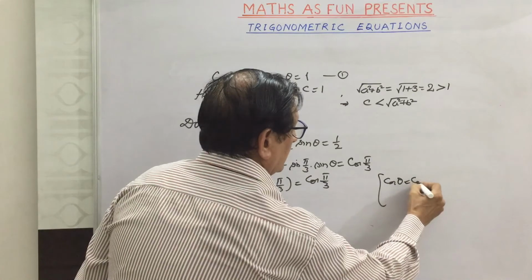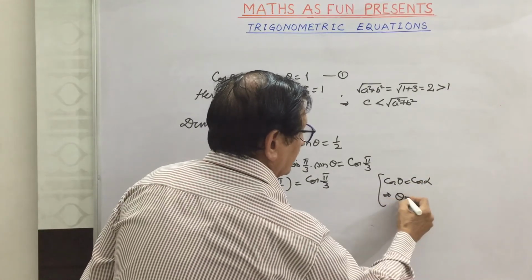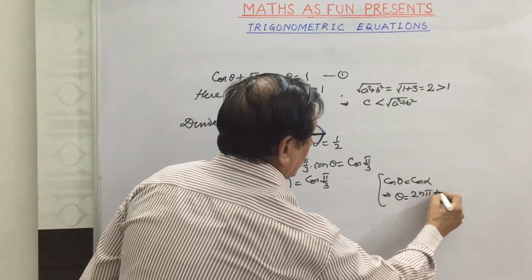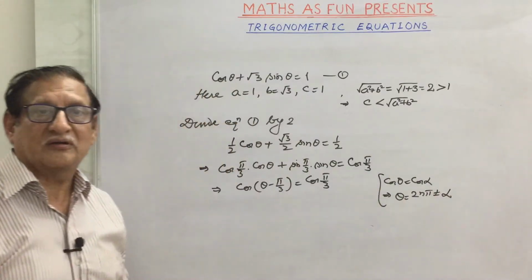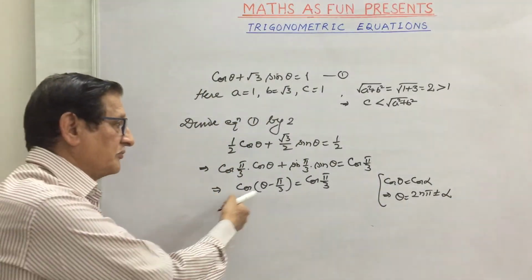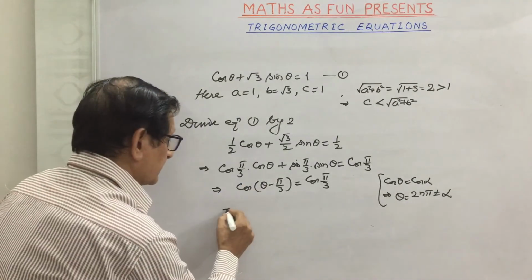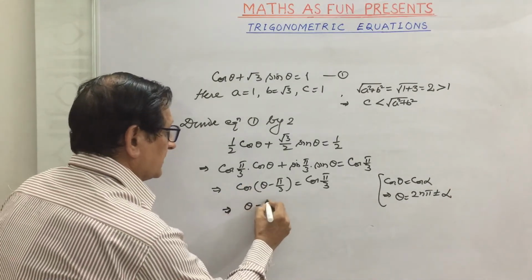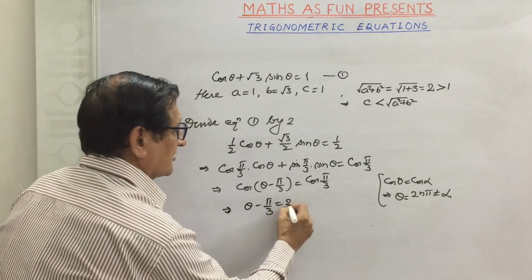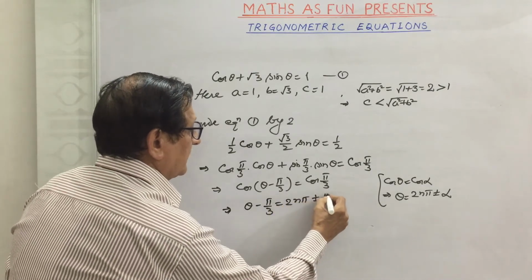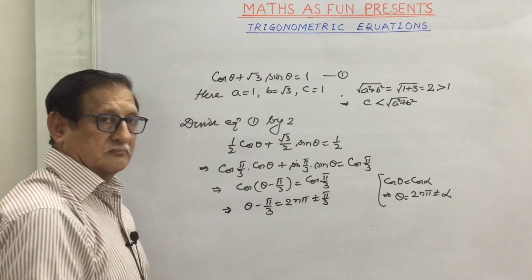Cos theta equal to cos alpha implies that theta is 2n pi plus minus alpha. This we have learned, this is coming in the second category. And if we apply that, we are getting here theta minus pi by 3 is equal to 2n pi plus minus pi by 3.